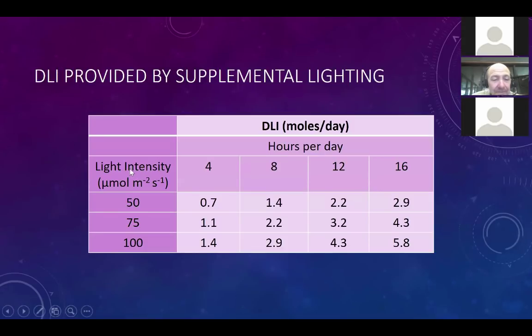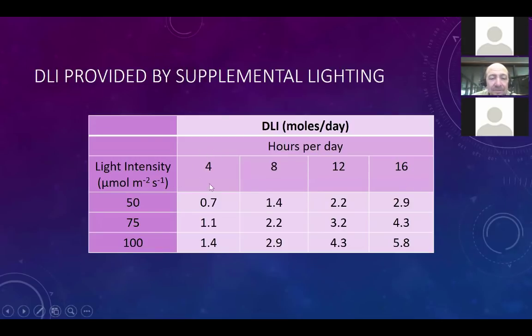Here we have 3 different light intensities, 50, 75, and 100 micromoles. Those are the typical range that you would design a supplemental lighting system in a commercial greenhouse, and probably 50 is the most common, the light intensity that high pressure sodium lamps, for example, would deliver.